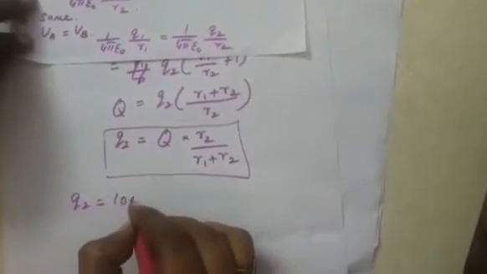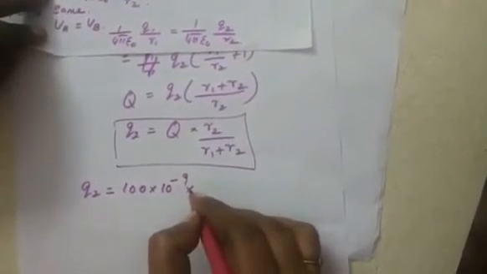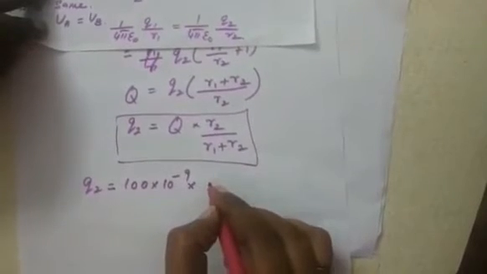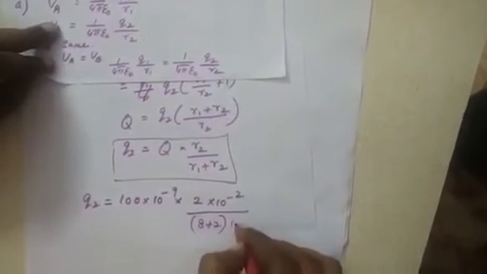So substituting these values, Q2 is equal to capital Q is equal to 100 into 10 nanocoulomb into 10 power minus 9 into R2 வந்து எவ்வளோ வேல்யூ 2 into 10 power minus 2 divided by 8 plus 2 into 10 power minus 2.